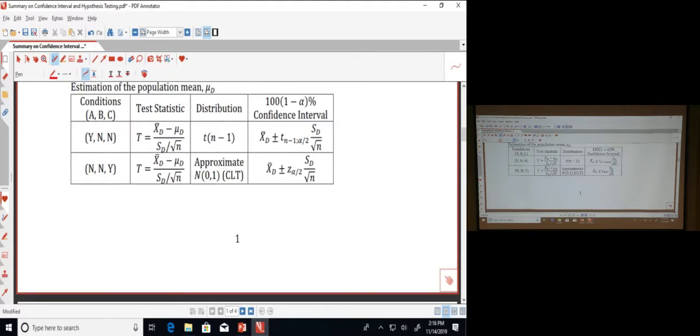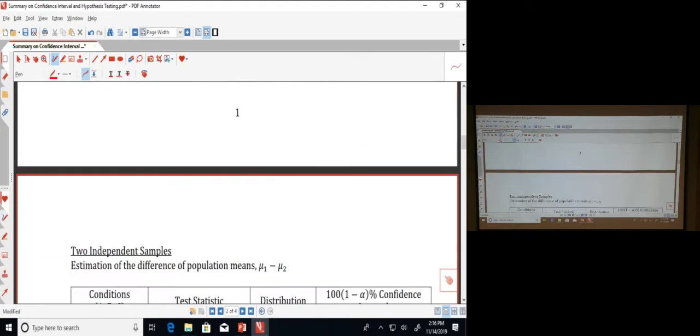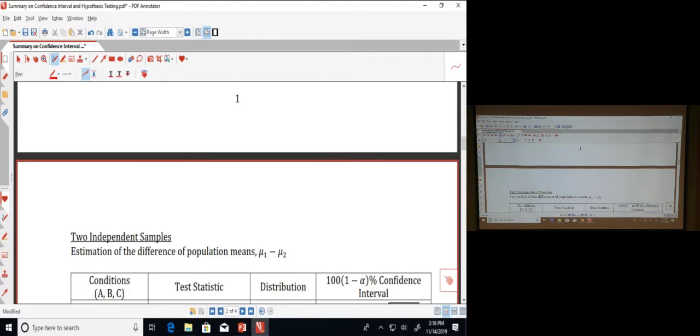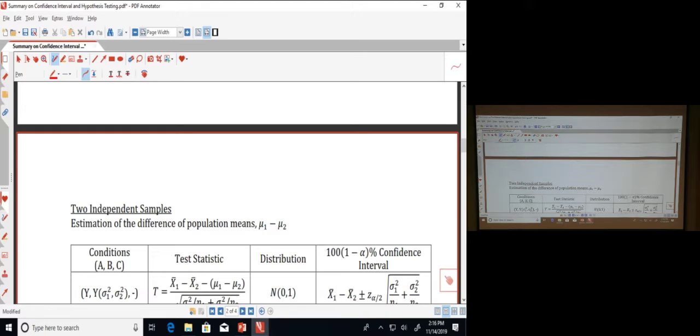Then how about two independent samples? Two independent samples. So we are looking at mu1 minus mu2. All right? So we want to construct the confidence interval for mu1 minus mu2. Okay, so first of all, sigma1 square and sigma2 square are known. Now here, it doesn't matter whether they're equal or not. If they're known, equal or not equal, then still the formula applies.